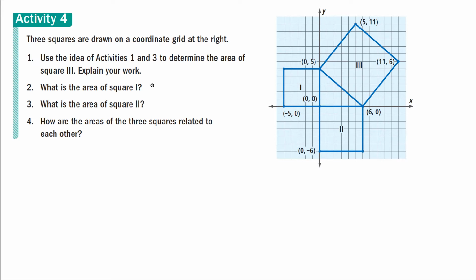And square 1 is 5 by 5, so this is 25 units squared. Square 2 is 6 by 6, so that's going to be 36 units squared.